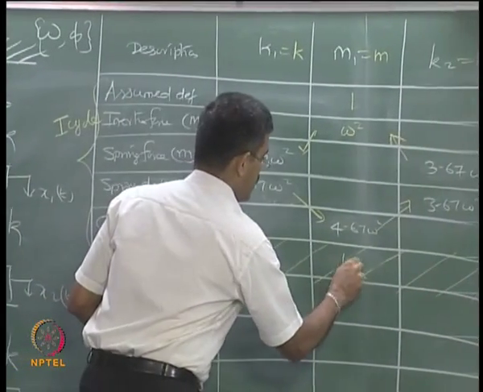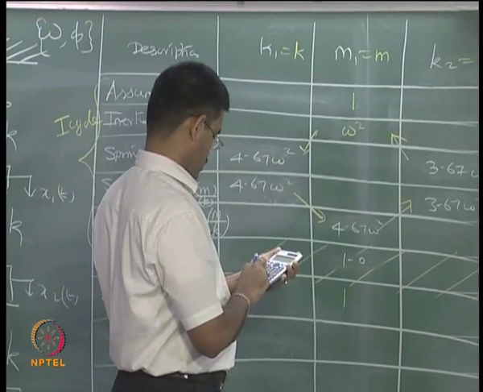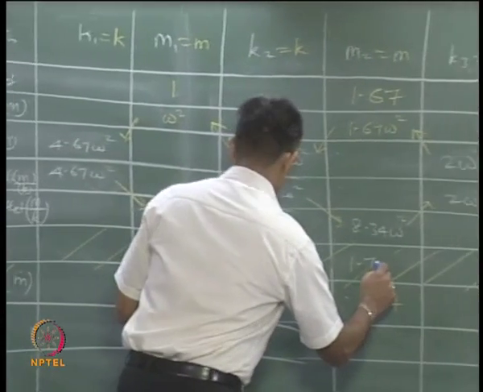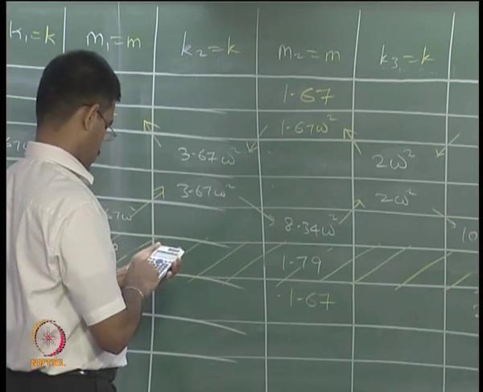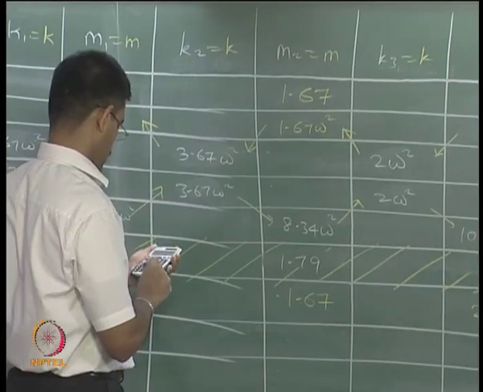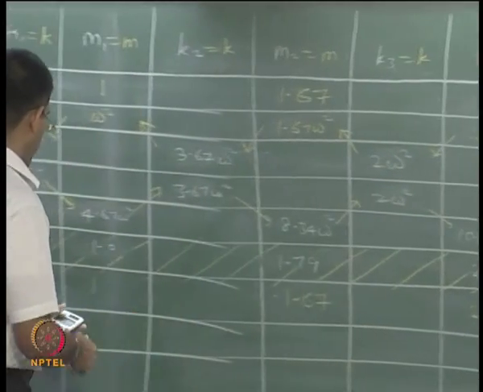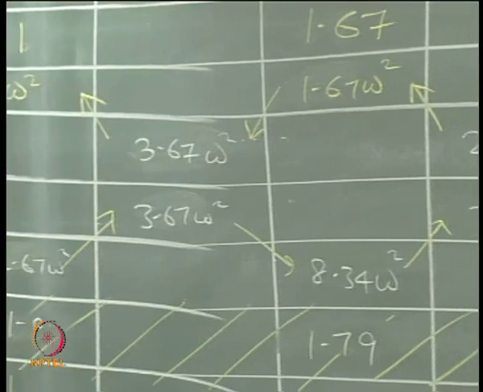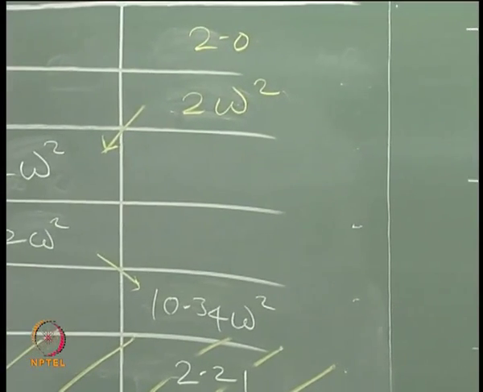I say this is 1, so this will become 1.79, which becomes 2.21. I started with 1, 1.67 and 2, I have got 1, 1.79 and 2.21. You can now visualize the convergence of the problem.